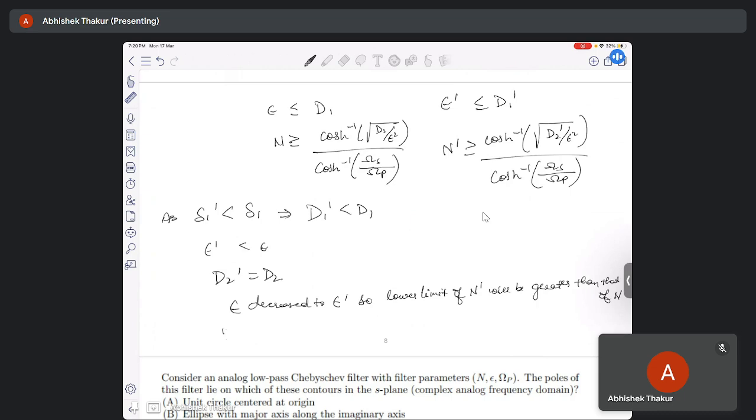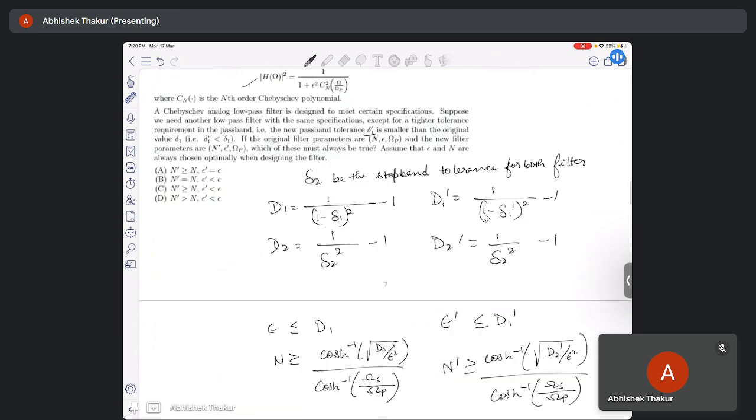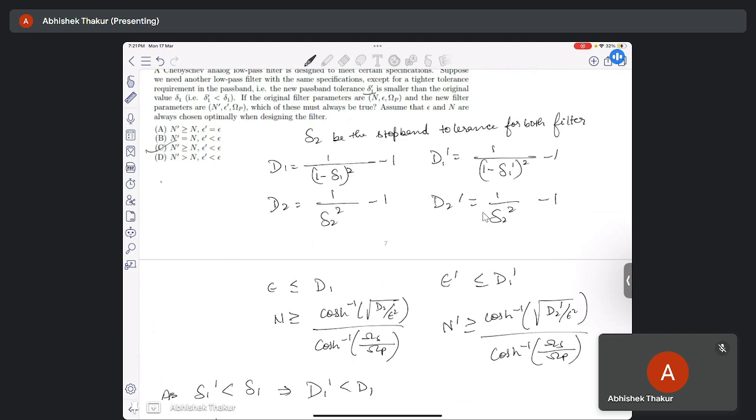Hence we have n prime is greater than or equal to n. And which option is correct? Option C is correct, because n prime is greater than or equal to n and epsilon prime is less than epsilon.